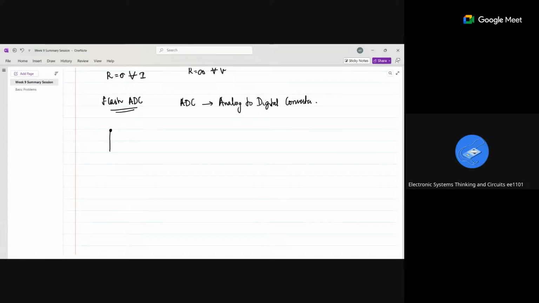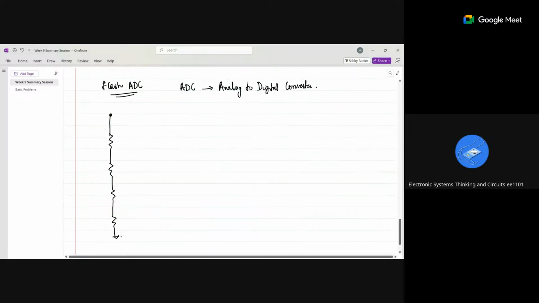So this is the simple analog to digital converter. It has 4 levels. It has 4 resistors.